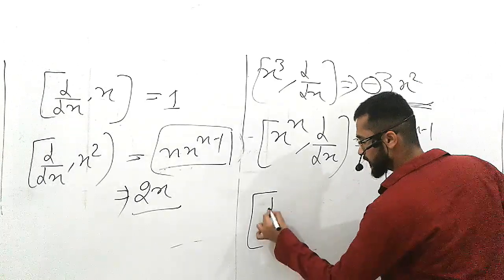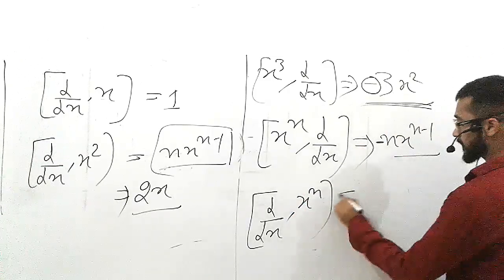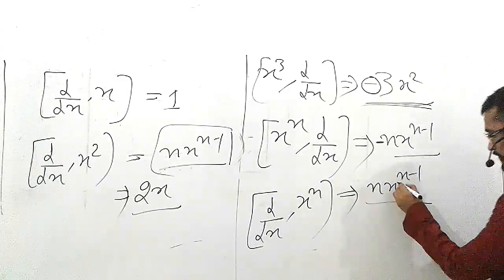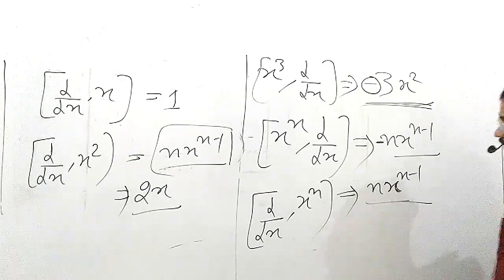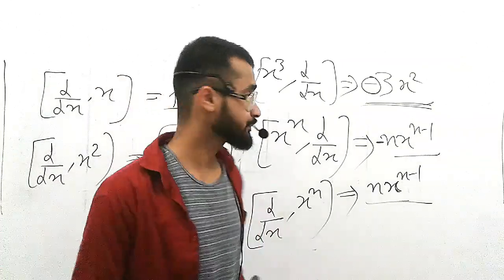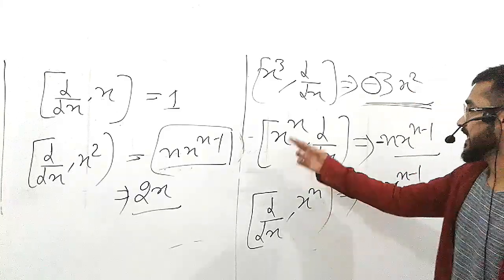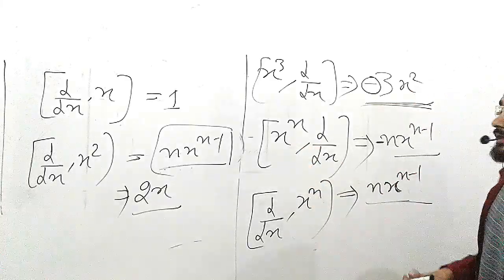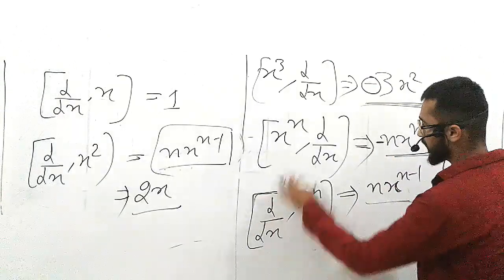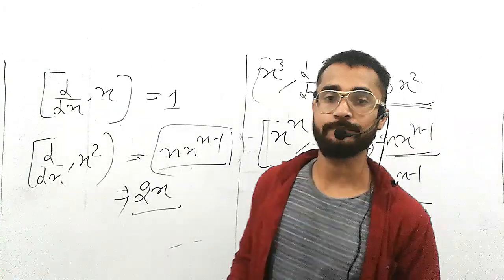So I write d by dx x power n, and it will be n x power n minus 1. So we studied basically two commutators here: x power n d by dx, which gives minus n x power n minus 1, and the opposite of this, so the resultant will also be opposite.